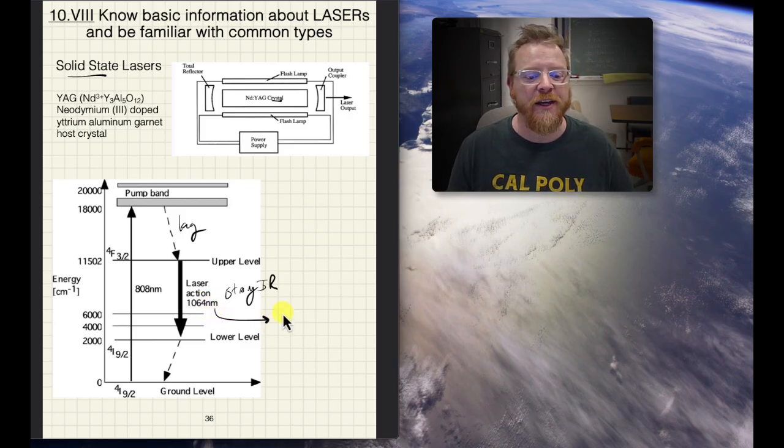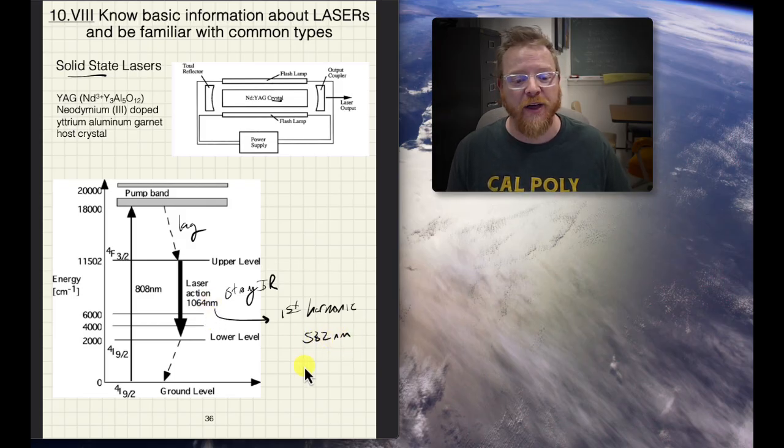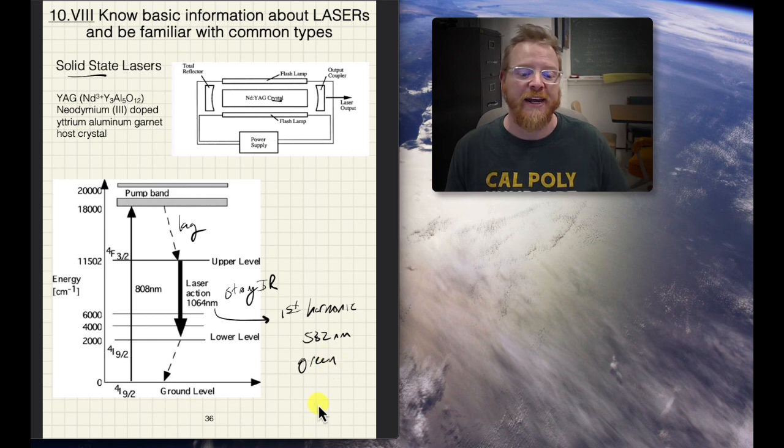So typically the first harmonic of the YAG is used more commonly than the principal. And if you think about this quick math, the first harmonic of a YAG is 532, right? Half of that wavelength, which puts us in the green.